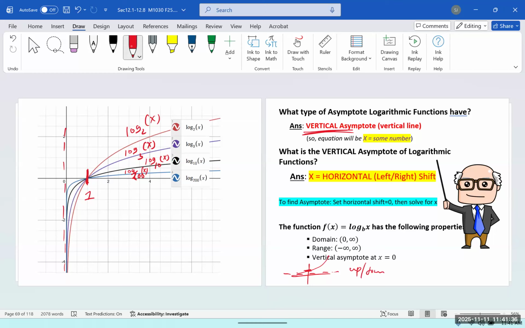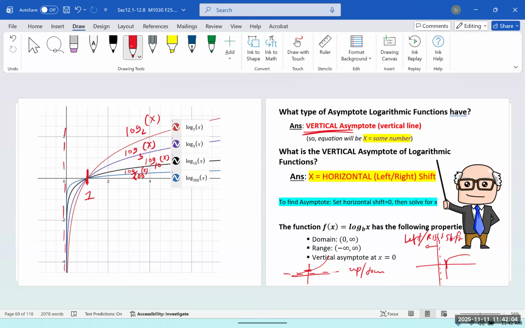For the logarithmic graph, it's a vertical asymptote, but you get it from your left-right shifting. Left, right, shift. Okay, so they're completely opposite. So if we can remember one, you can remember the other by just thinking about the opposite.